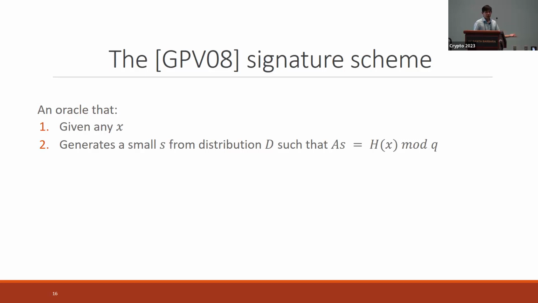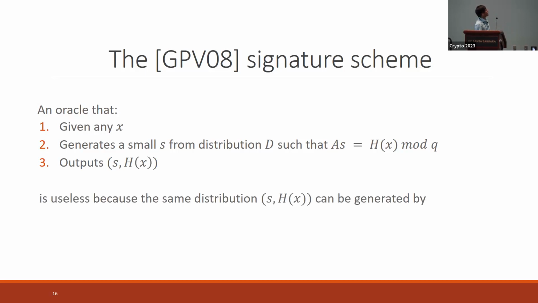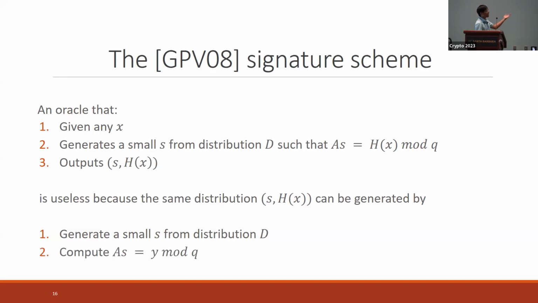It generates a short vector S such that AS is equal to H of X, and then outputs S and H of X. So this oracle in the security proof can be simulated because we can just rearrange certain steps, and we can first sample a short S, set AS to be equal to Y, and then program H of X to be Y. And here we are using certain techniques from lattices, but basically that's the crucial observation for the security proof, that we can simulate that oracle.